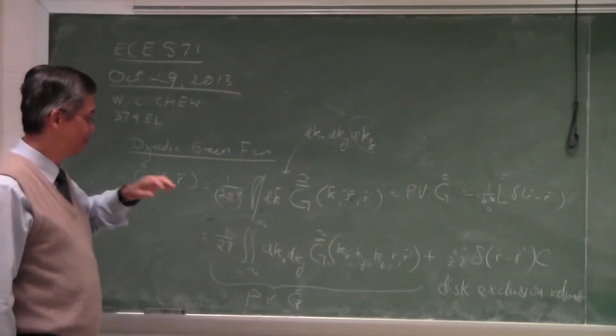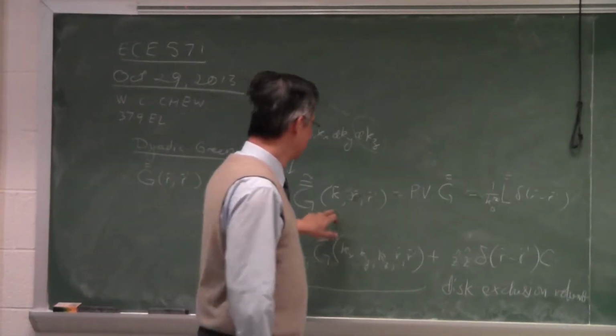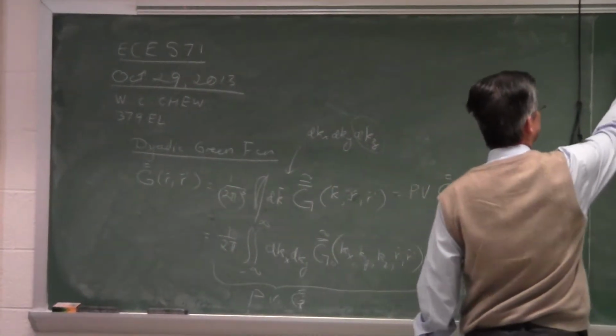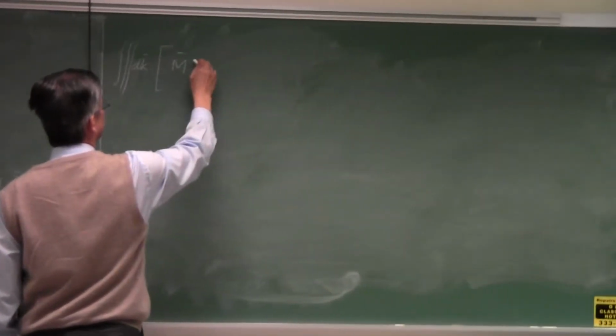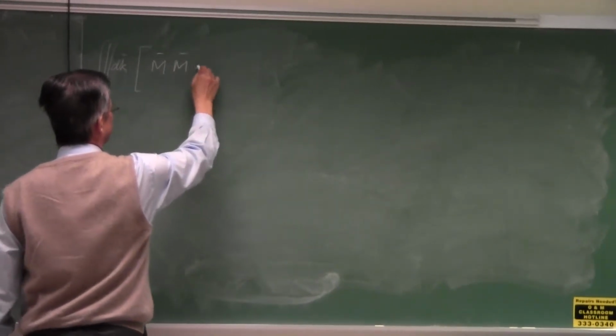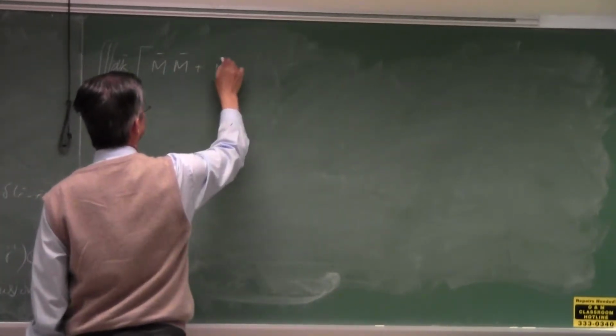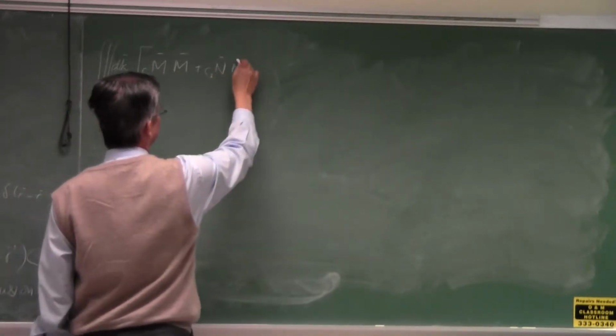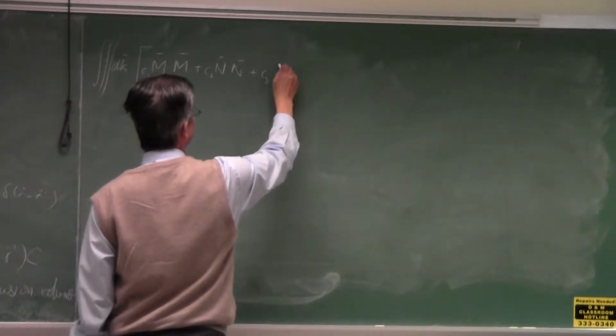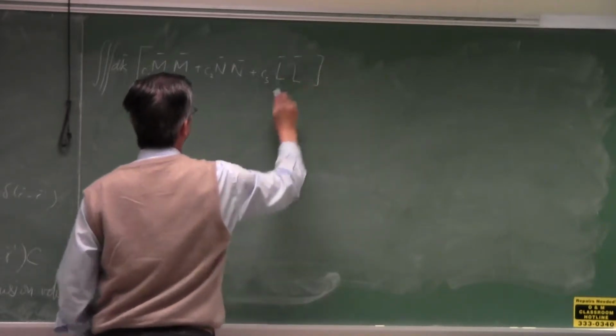And also one of the tricky things is that this part will consist of three terms. You have the M part, and then you have the N part, maybe with some constant, and then the L part.